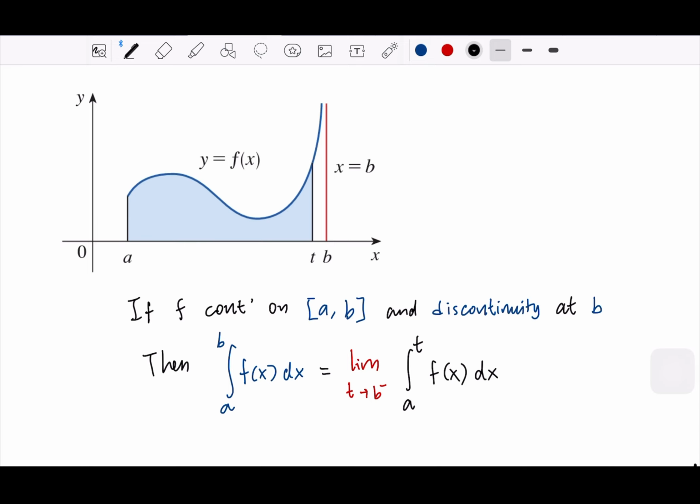So it means that we are going to take the limit of our dummy variable t, approaching b from the left. If you remember the limit concept.